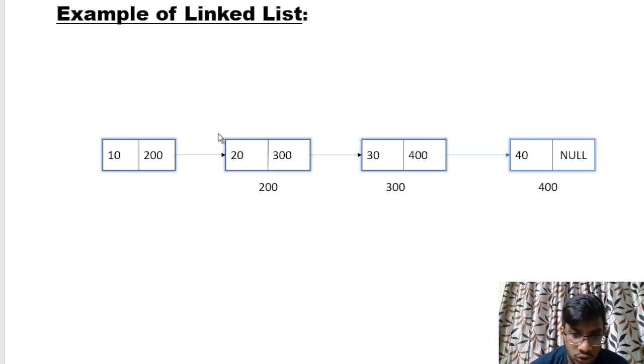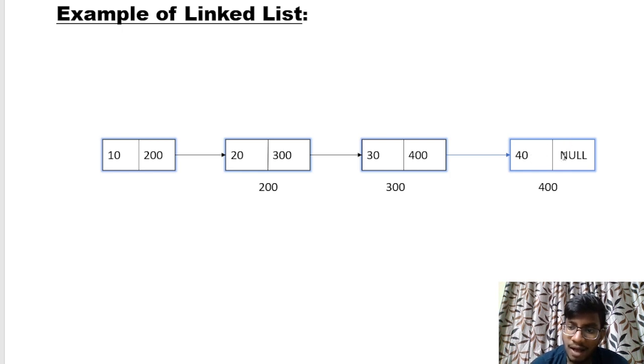So 200 is stored in the link part so that this node points to that node. The 20 node has 300 in its next part, which points to the third node having a data value 30, and this third node has a link part 400, which points to the fourth node having a data value 40.